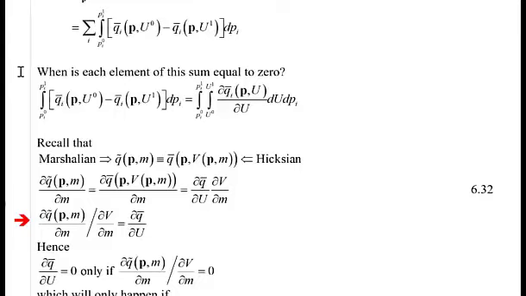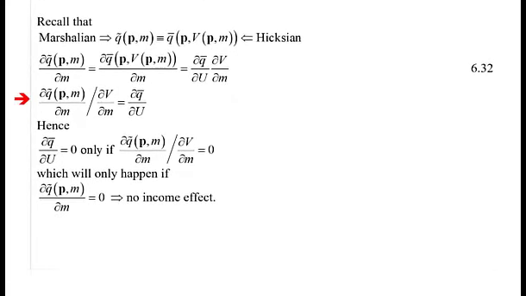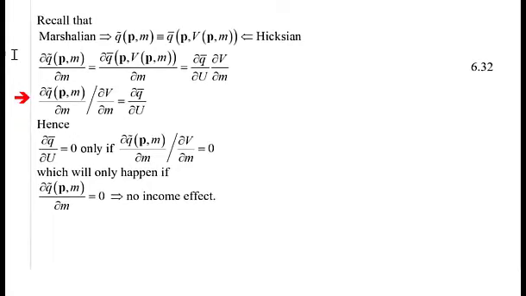When is that going to be equal to 0? Well, it can only be equal to 0 if dQ/dM is equal to 0. Hence, we are left with the curious result that the equivalent and compensating variation measures are going to be equal only if the derivative of the demand curve with respect to income is equal to 0.